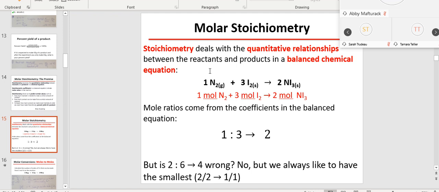Now, what I've been teaching you and you guys did there for your assignment 2, your molar ratios, 1, 3, and 2, right? And for your assignment 2 there, you guys were adding them up, and the answer here would be 6, right? And so 1, 3, 2, that's the molar ratio. If I doubled all of these, 1, 3, 2, and made 2, 6, 4, is it a wrong answer? No, it's not.